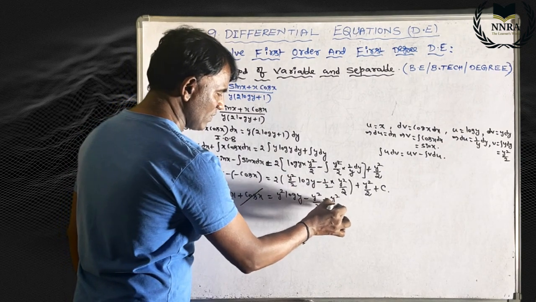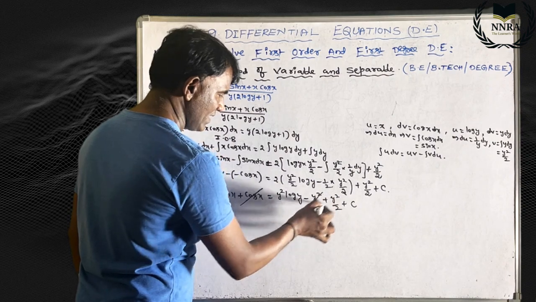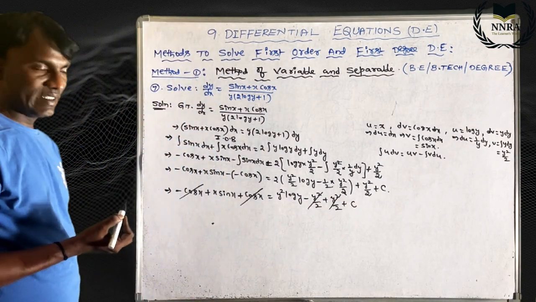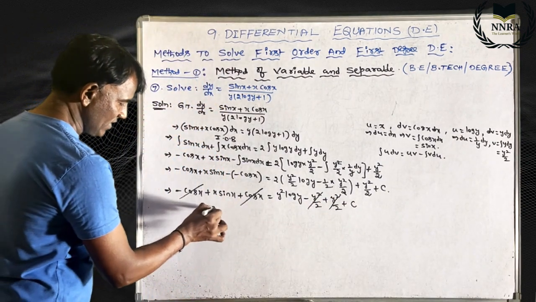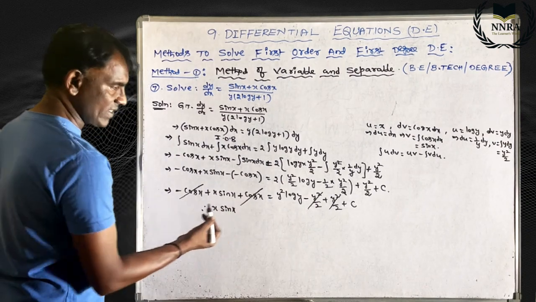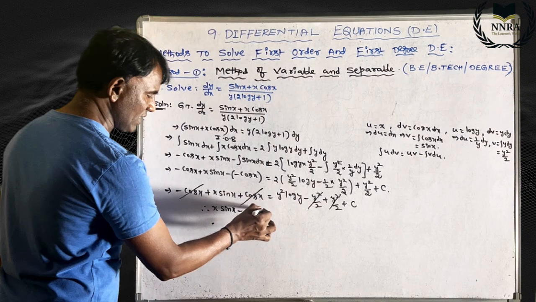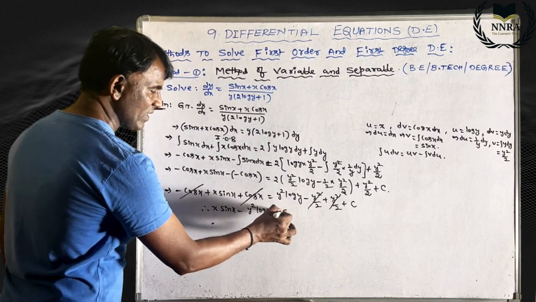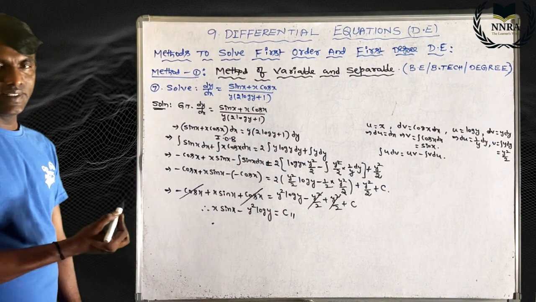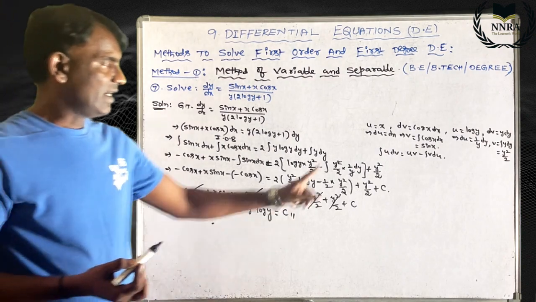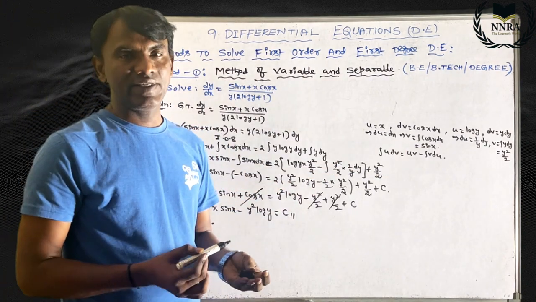Again plus y square by 2, then constant. See, both get cancelled, right? What is the remaining value? So here x sin x. Okay. If you write y square log y this side, we get minus y square log y, right? And what is the remaining value? c. So this is the required general solution. And this is called integrating by parts. Okay.